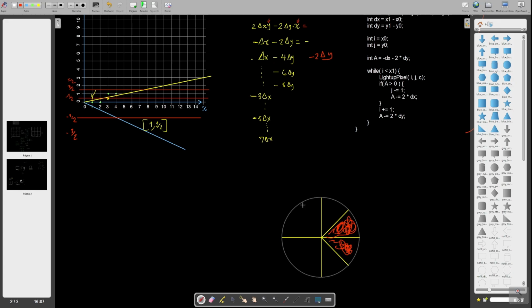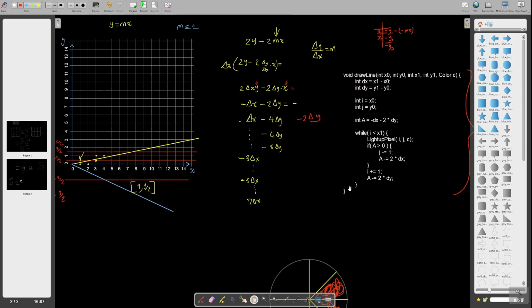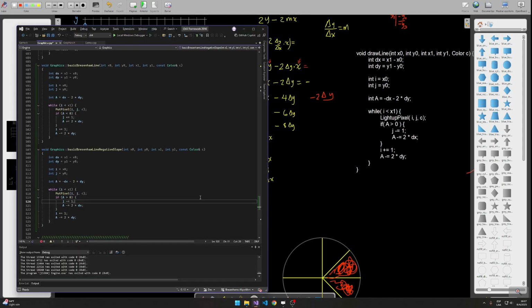So let's check that for this new version of the algorithm, or a new component of the algorithm in general. And here you have it. This is the new implementation for this specific section of the Cartesian plane.